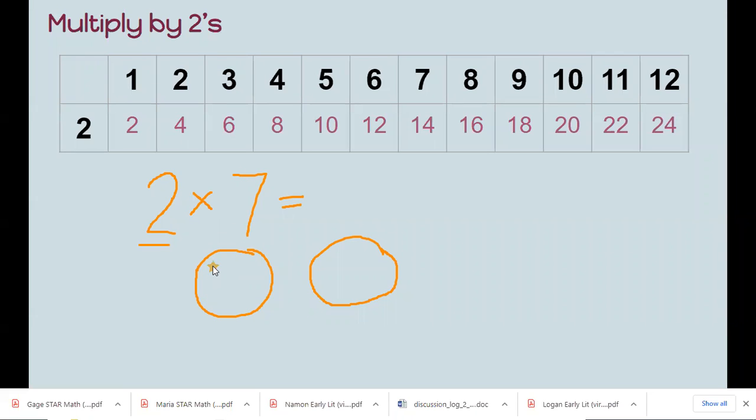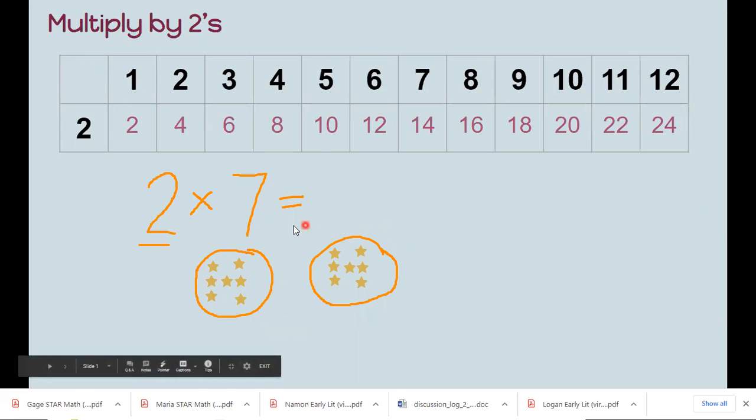Group 1, 1, 2, 3, 4, 5, 6, 7. Group 2 gets 7. 1, 2, 3, 4, 5, 6, 7. Now we're going to count the total number of stars in all. So all of the groups. Ready? Let's count.